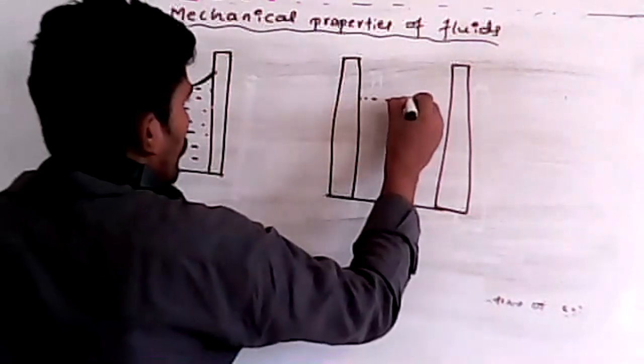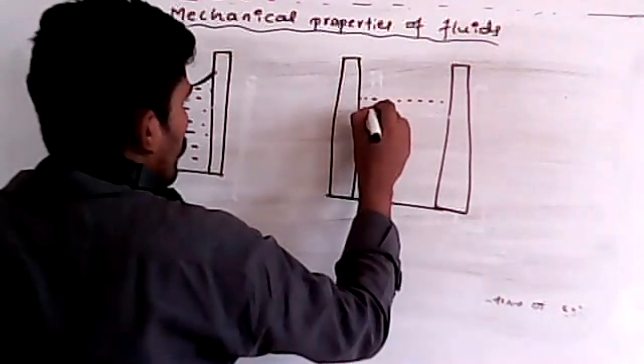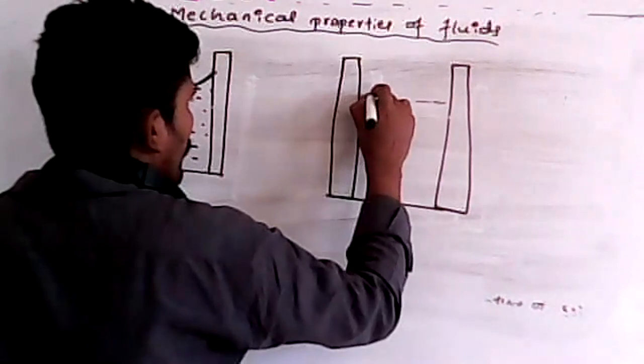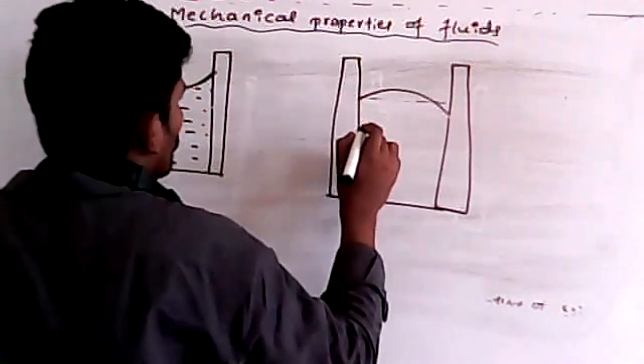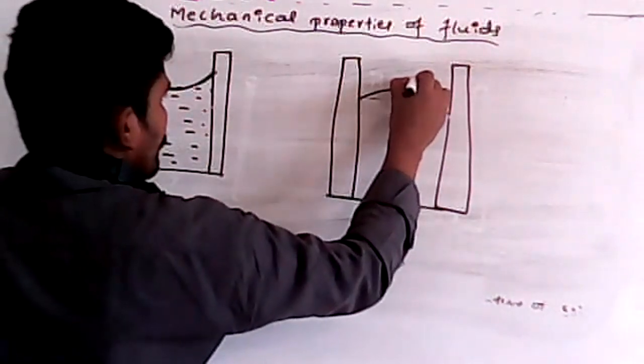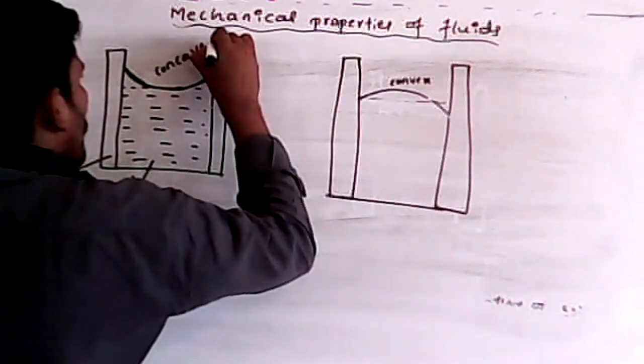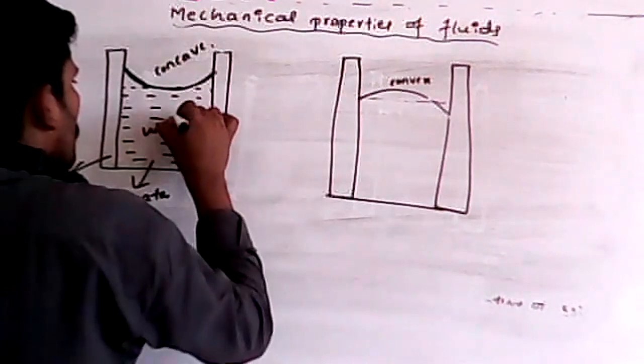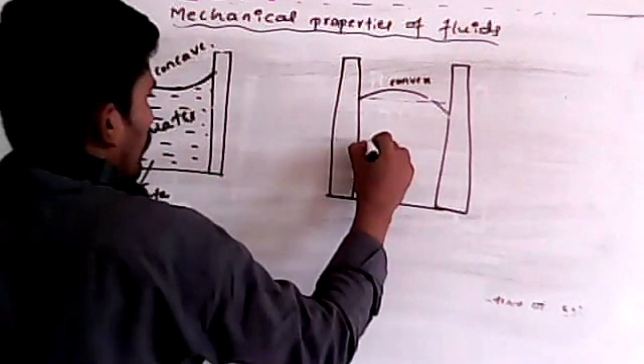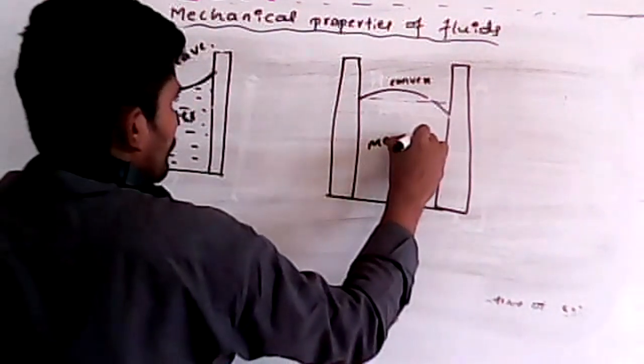Then what about mercury? The upper surface will be raised like this, so this is convex. This is concave for water, and this is convex for mercury.